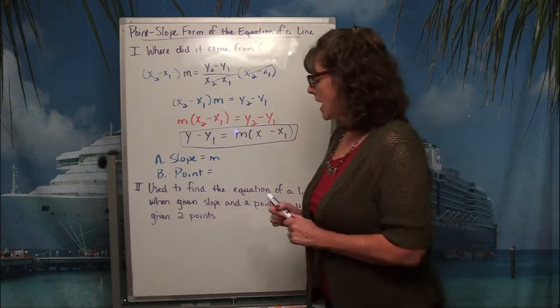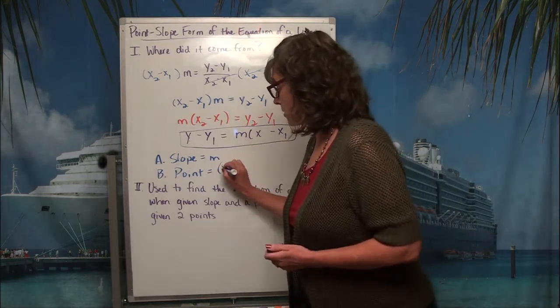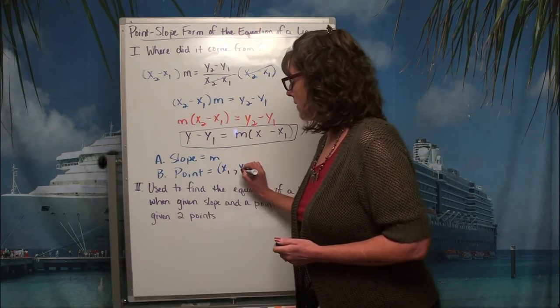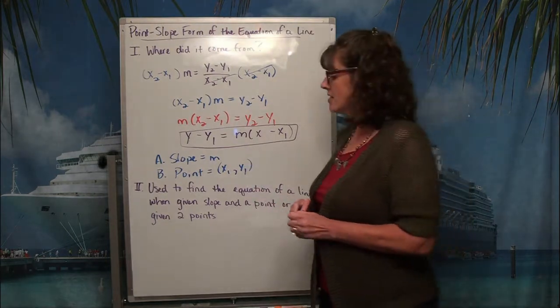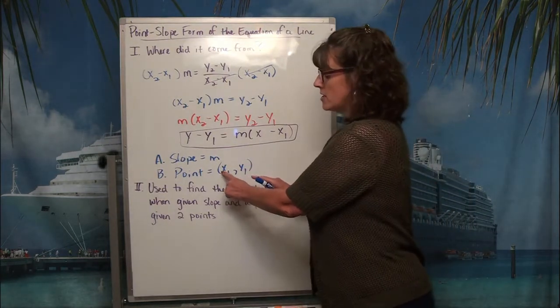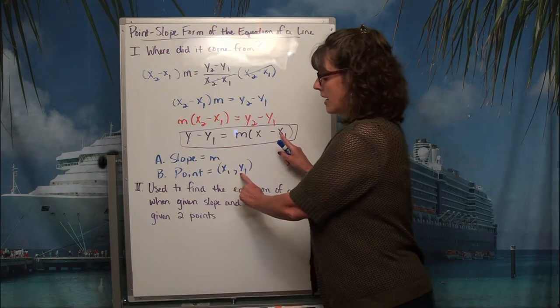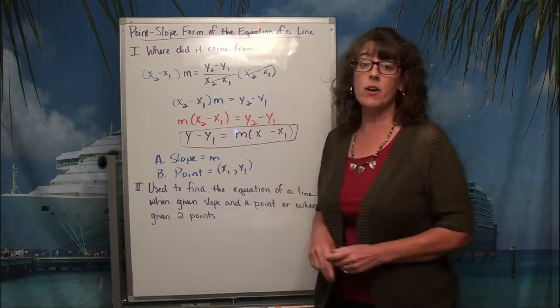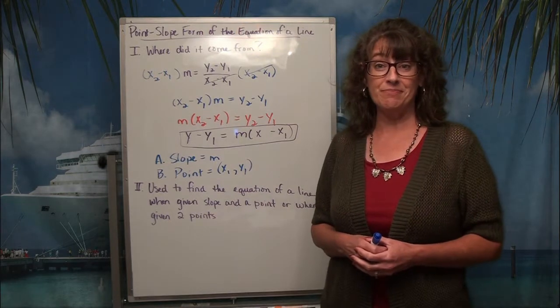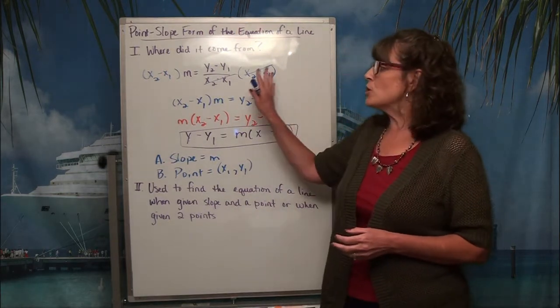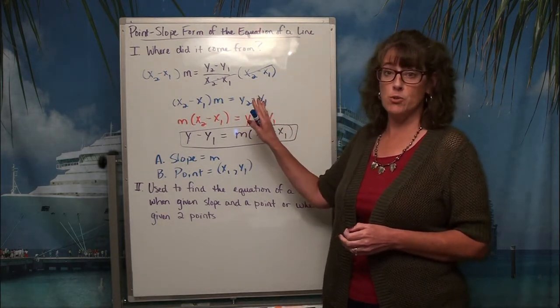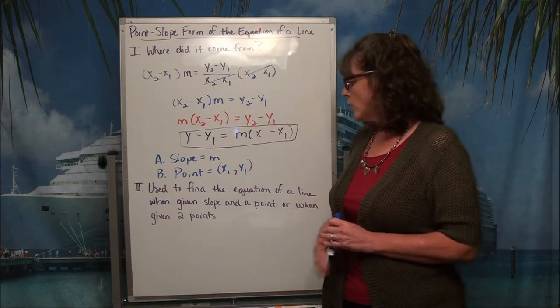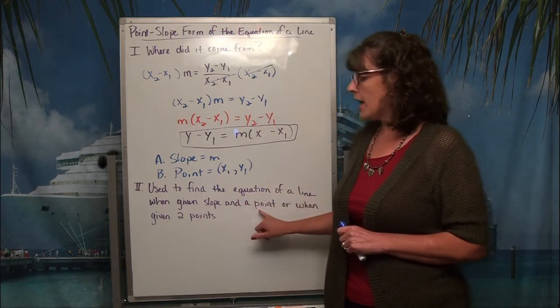So if I'm given a point, let's call it x1, y1, then I can take this information, I can plug this x coordinate right here, I can take this y coordinate, plug it here, and I can take my slope and plug it in there, and then I can write the equation of a line. So this is a beautiful form to use, wonderful form, when you are given a slope and a point.